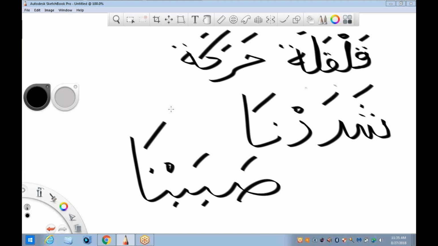Shaddadana, not shaddadna. What are the two entities that collide? The tip of the tongue and that which is behind the front teeth. We're just going to separate between these two entities. Shaddadana.